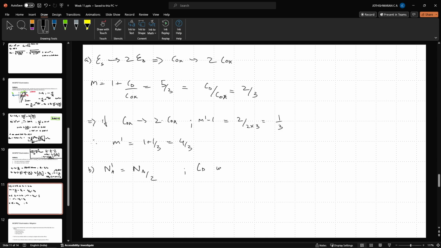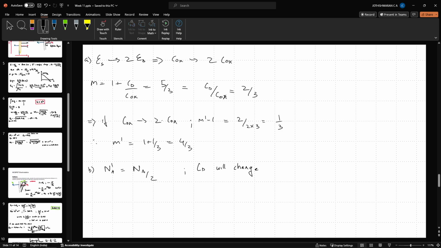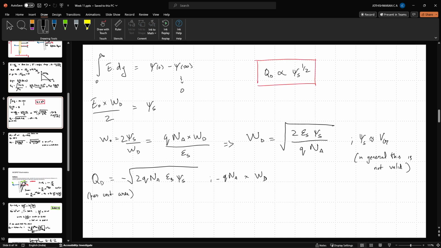CD will change. Now, how do I find CD? Worry not, we already know what CD is from our first problem. Now remember, this is the width of my capacitor.